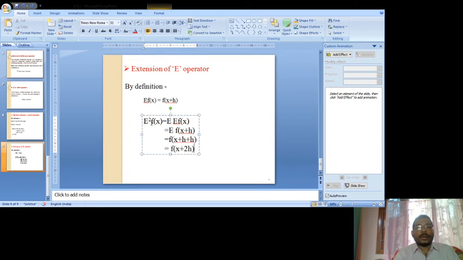Now look here, it is written in this manner: E square f of x gives f of x plus twice h. The index of E and the coefficient of h are equal.